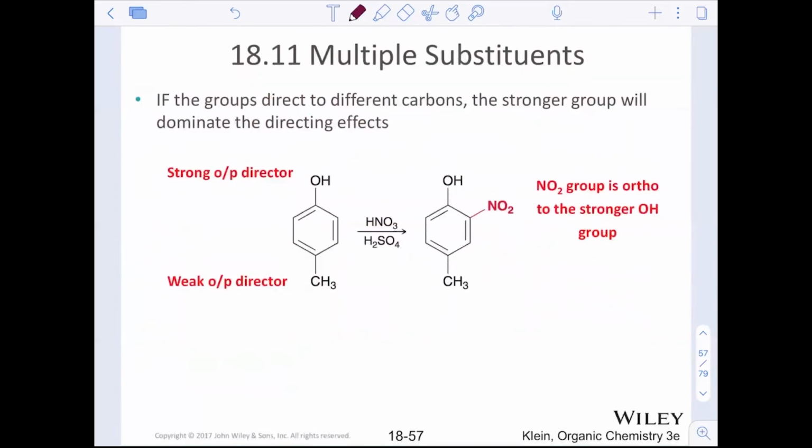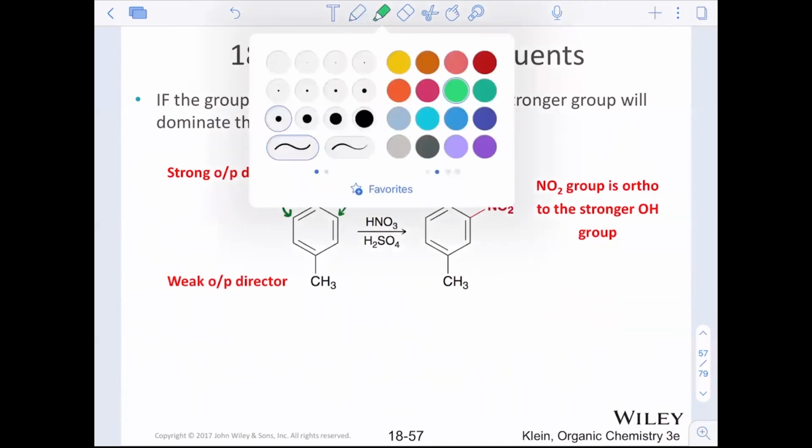If the groups used to direct are different, then the stronger one will dominate. Okay, so we have two ortho-para directors. For our hydroxyl group, ortho-para would be here or here, right? Ortho and ortho to our hydroxyl group.